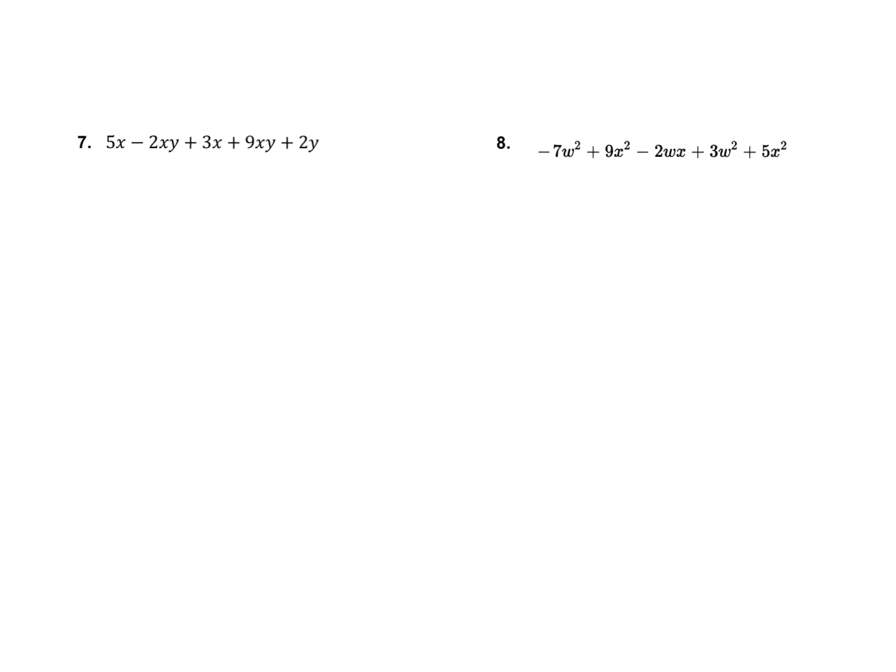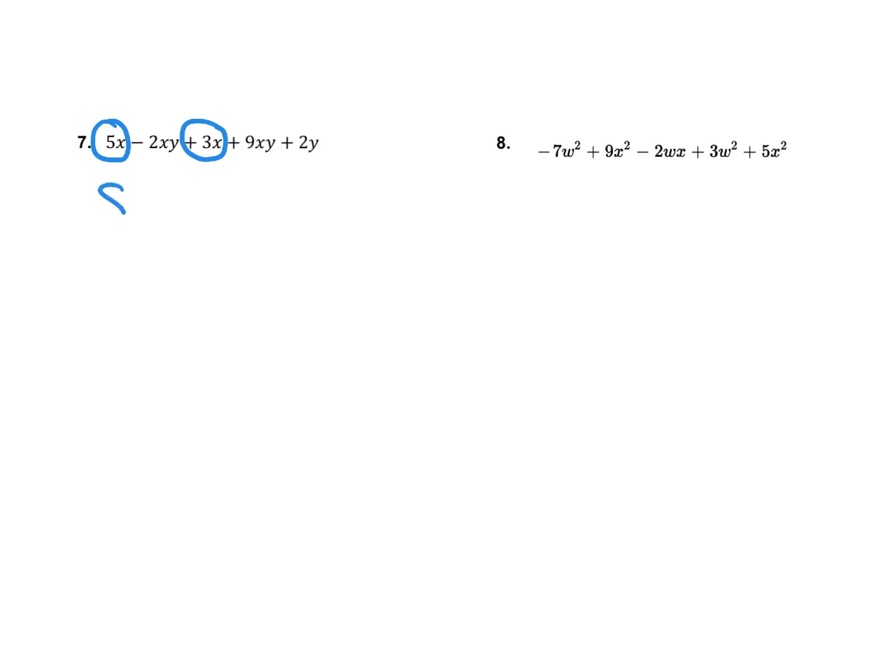All right, number 7. Oh, there's a lot going on here. Let's go ahead and take a look at our variables. We have an x, we have an xy, and I just have a y. Now, I can only combine the x's where I just have an x. That xy, those are not like terms. So I have 5x plus 3x.